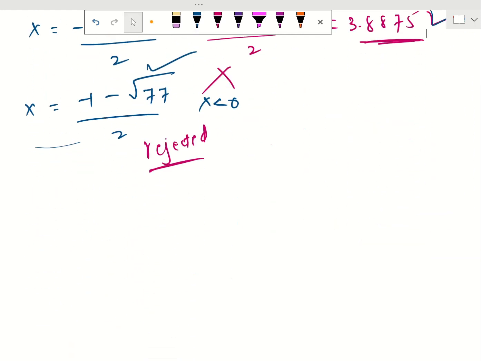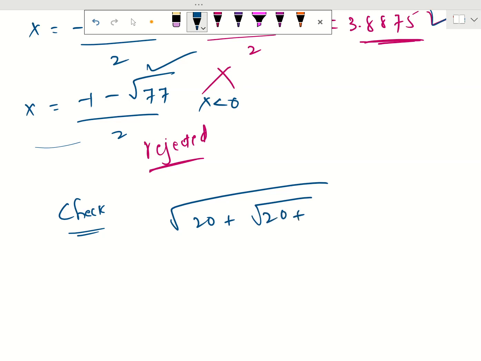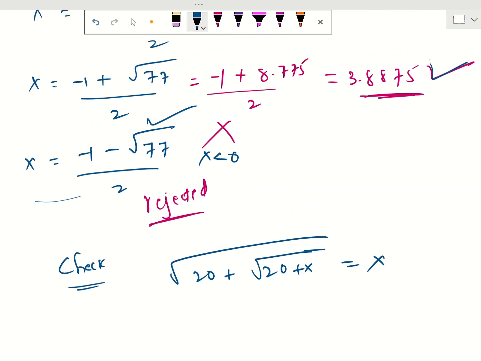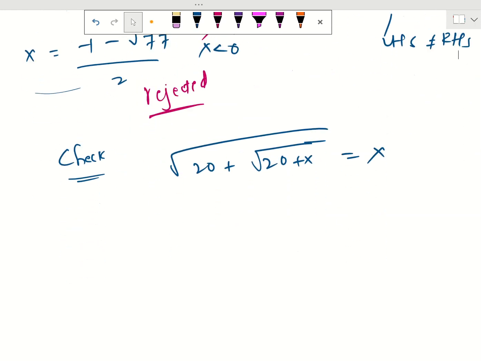So we can check which x value is correct in the original equation, square root of 20 plus square root of 20 plus x is equal to x. If we put this value, the LHS is not equal to RHS. So we considered x is equal to 5.